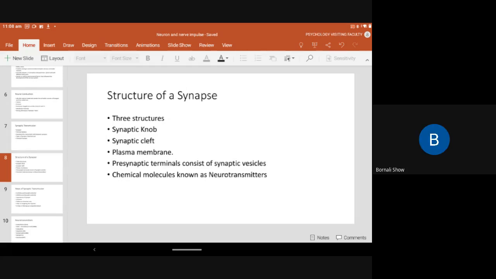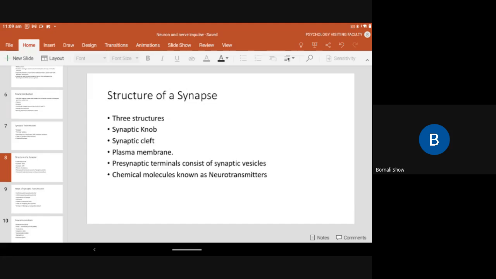Ma'am, in Genesis, the growth of new neurons is written to occur only in the hippocampus and olfactory region.